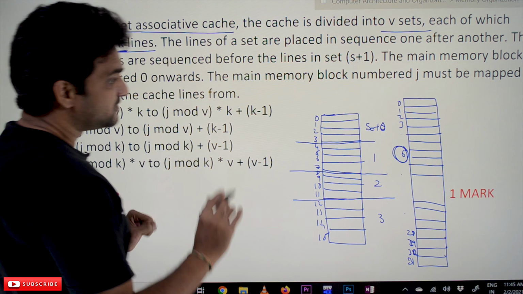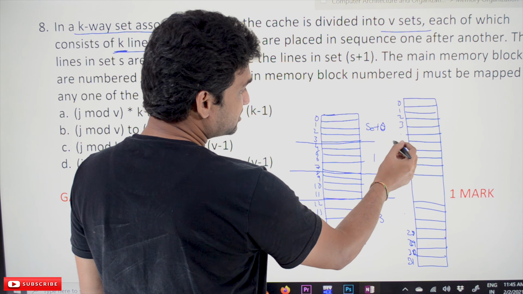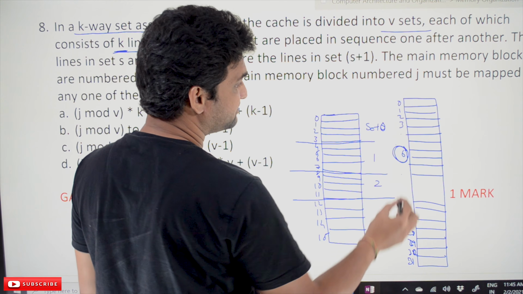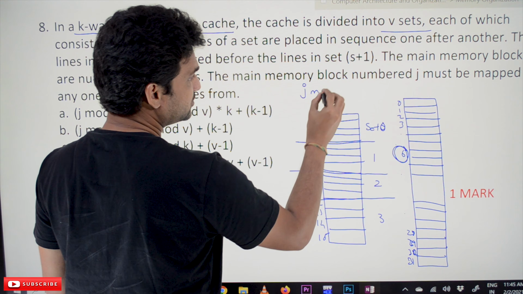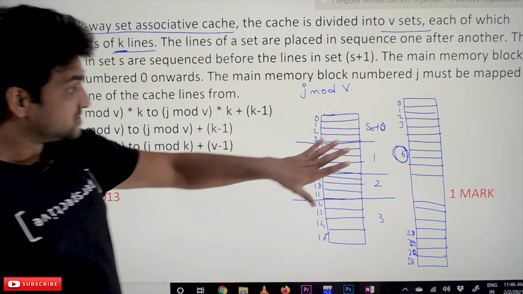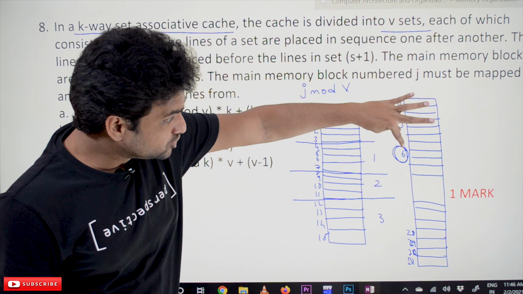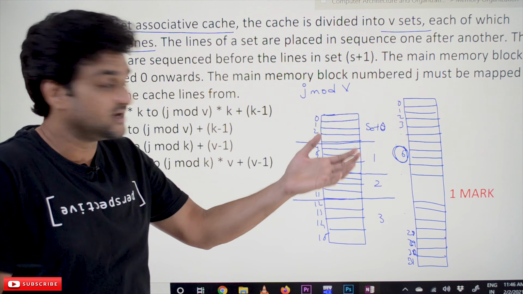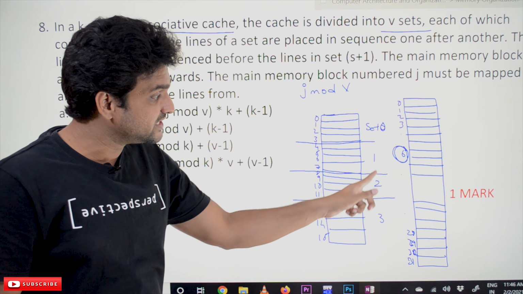In order to find where a block of the main memory will get mapped in the cache memory, what we know is it is J mod V. If you take a particular block of the main memory, to which set of the cache memory will it get mapped?